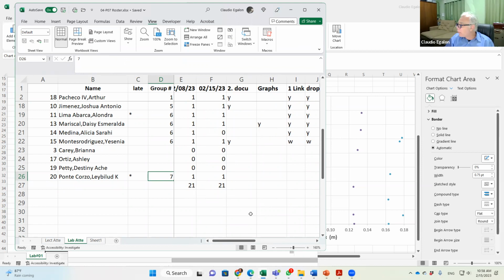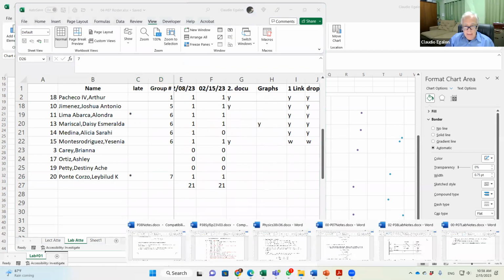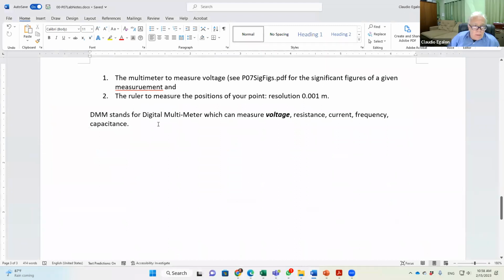The question now, let me take notes here, P07. Plot 2 graphs: 1, the equipotential curve or line, and 2, the average versus X average.